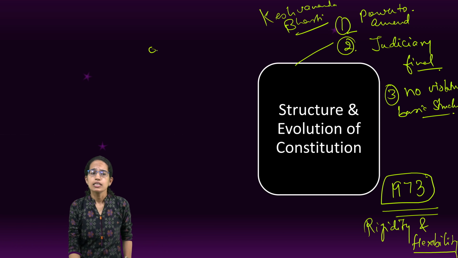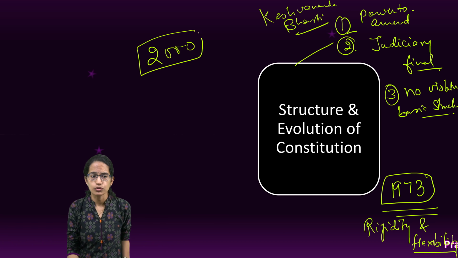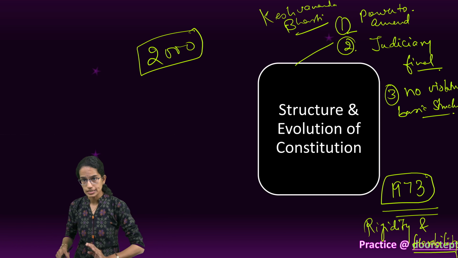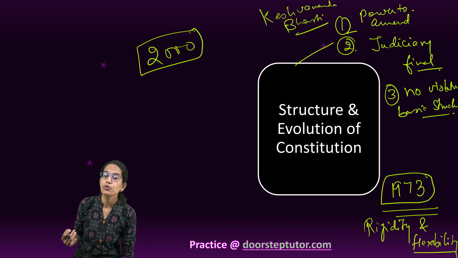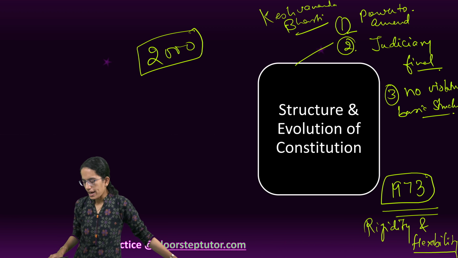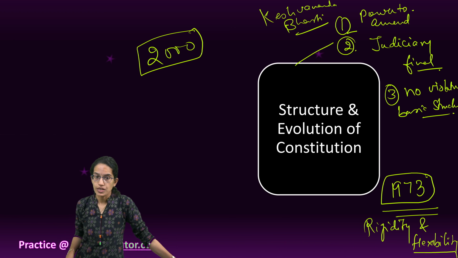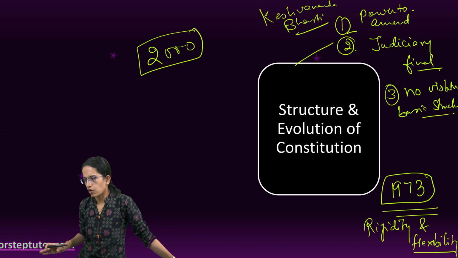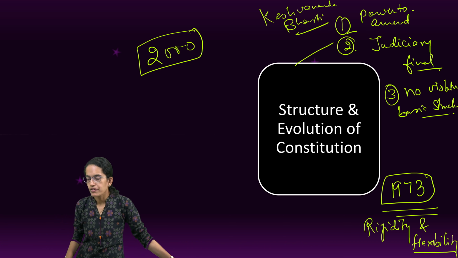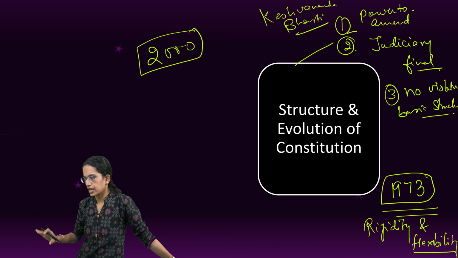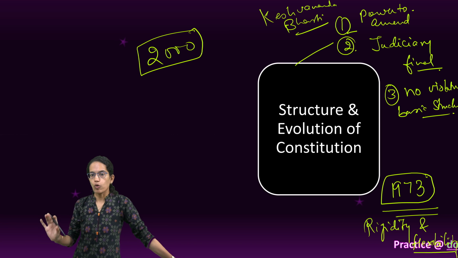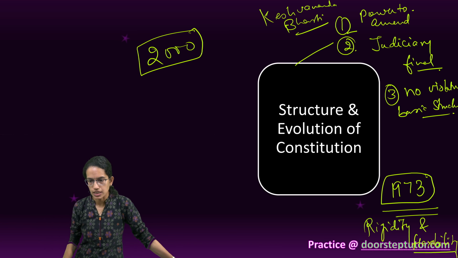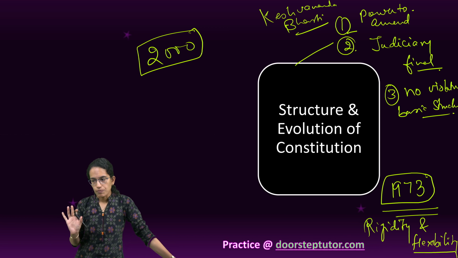If we take the same example, in the year 2000, it was Justice Venkatachalya who was appointed to review the working of the Constitution, and it stuck to a basic theory that the basic structure of the Constitution cannot be violated, and it did not suggest any measures which would endanger the basic structure of the Constitution per se. So that is one of the important aspects.